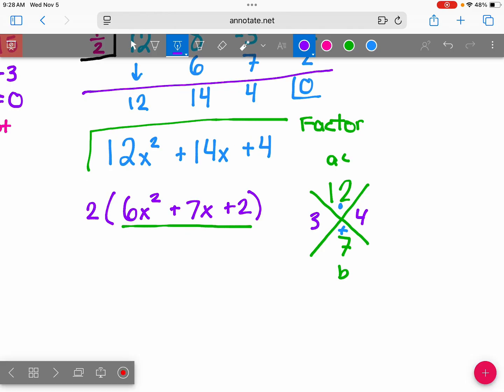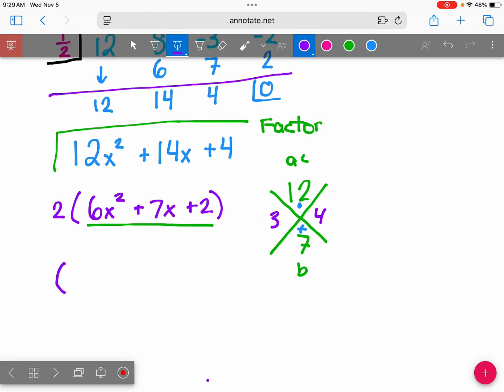Use a tool, box, split the middle, bottoms up, whatever tool we use. When we factor this, we should get 2x plus 1 and 3x plus 2.